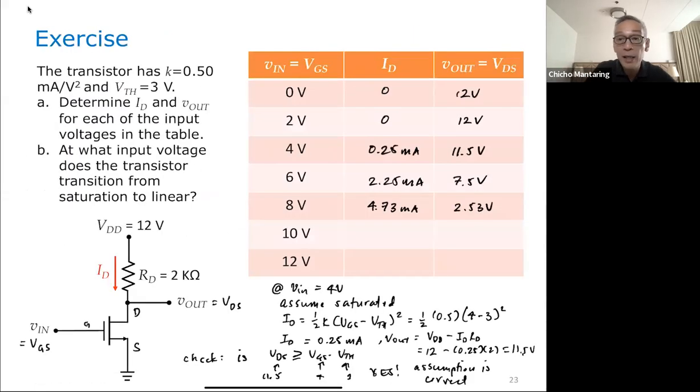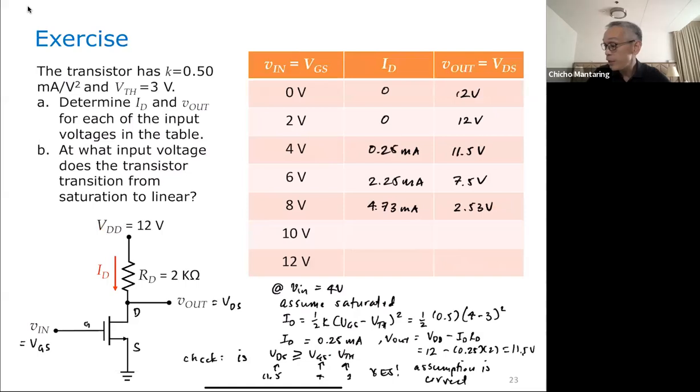Okay, then we went ahead last Tuesday. I gave this problem. The transistor has K equal to 0.5 milliamperes per volt squared and a threshold voltage of 3 volts. I wanted you to determine the drain current and the output voltage of this circuit for various values of input voltage.